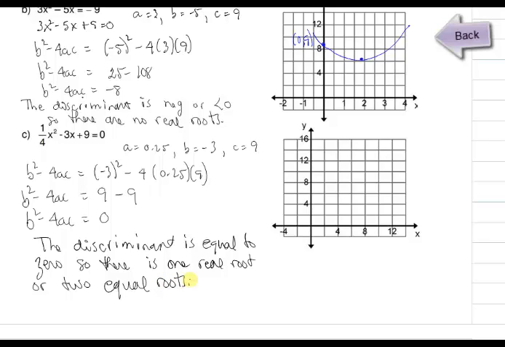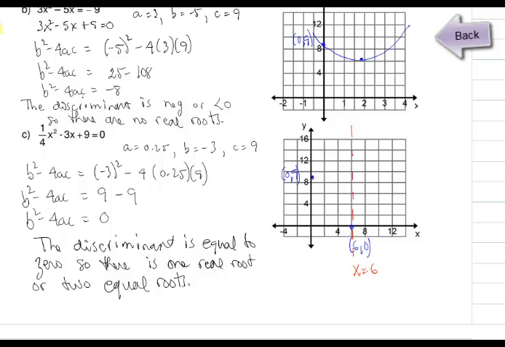So when I put this into my graphing calculator, I found that I had a y-intercept at 0 and 9. I had an x-intercept at 6 and 0, which I found was my vertex.